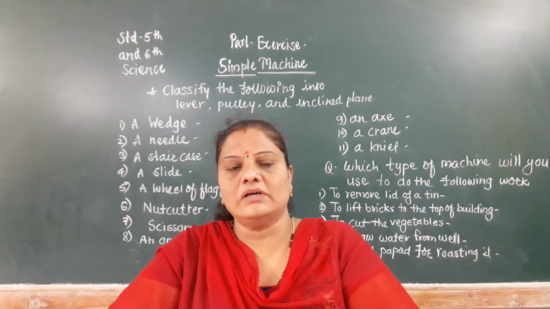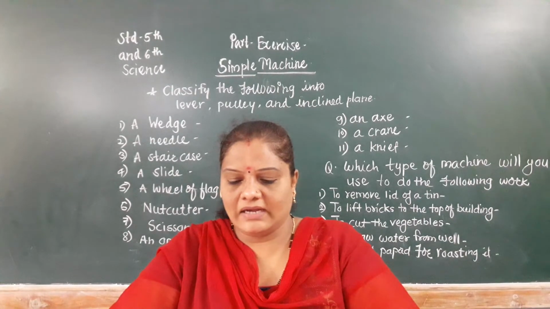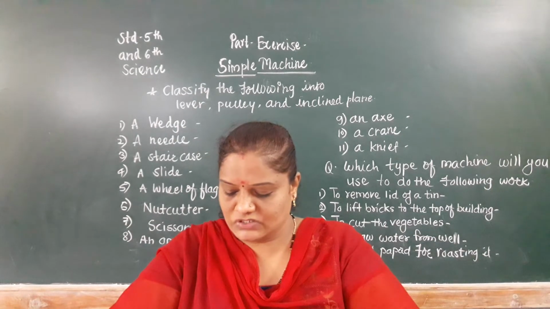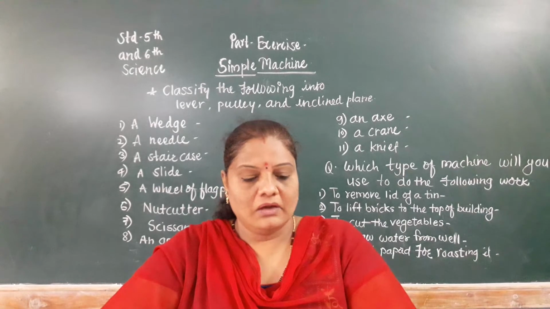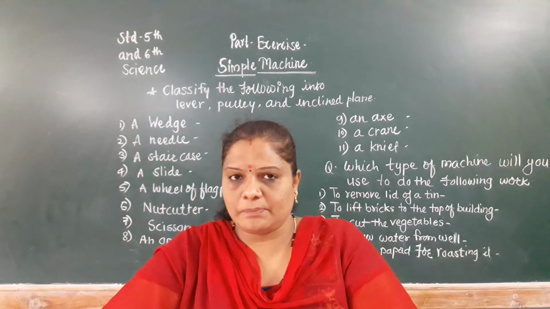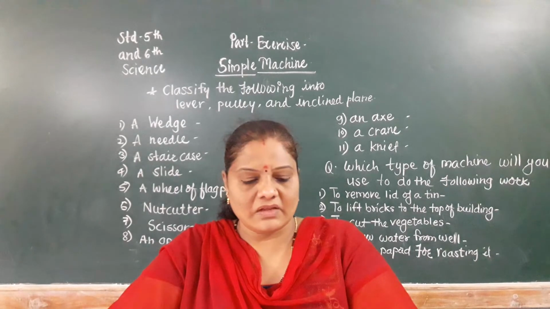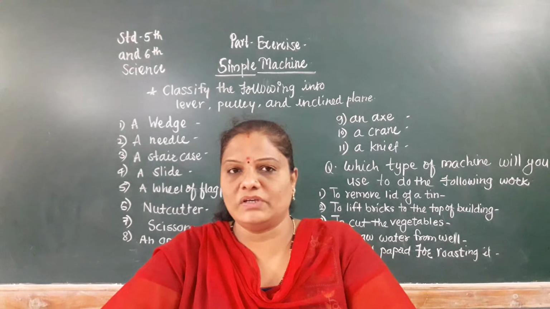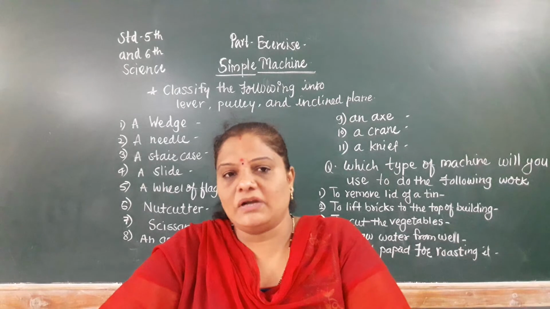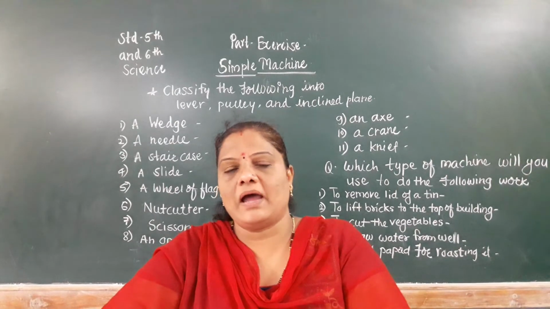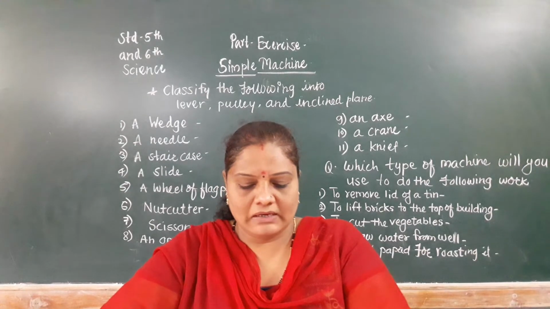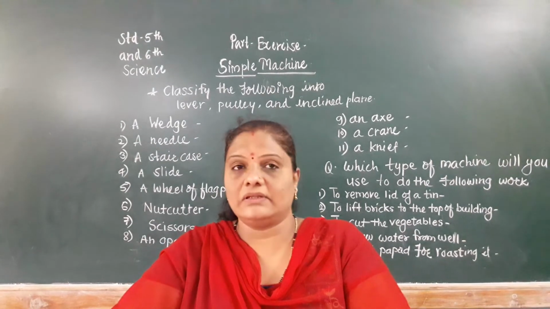We learned about the inclined plane and what the use of the inclined plane is. Then the screw, and we learnt about the Archimedes principle, on the basis of which screws, that is this simple machine, are constructed. A separate animated video of the Archimedes principle has been shared with you along with this exercise. Then we learned about the wedge, then the lever.